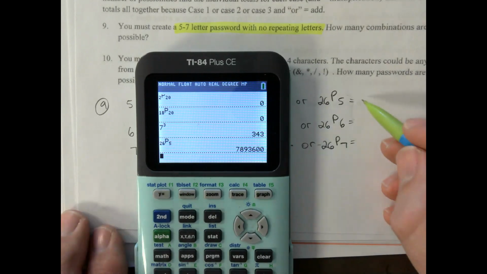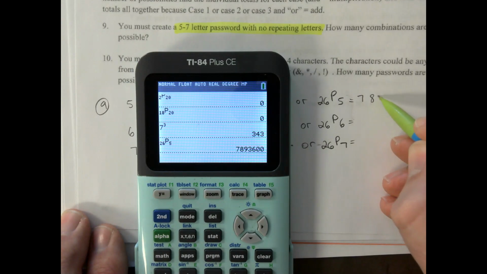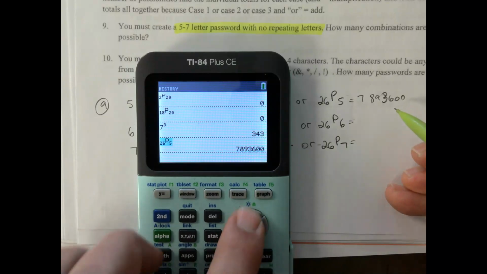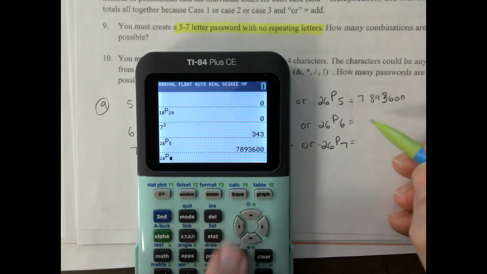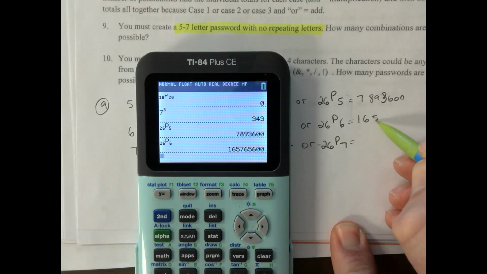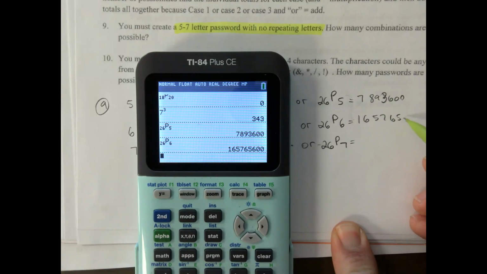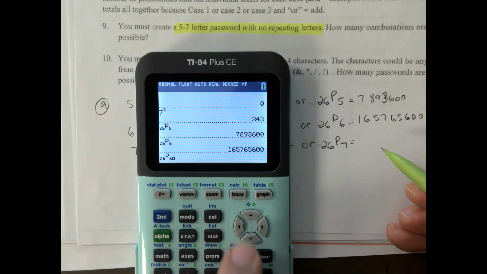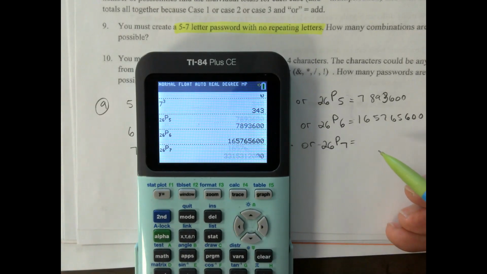So this one is 7,893,600. You copy paste it again, change the 5 to a 6. You copy paste it again, change the 6 to a 7.